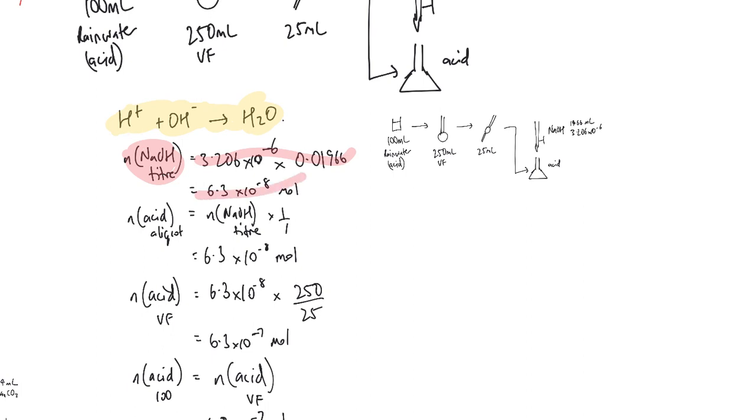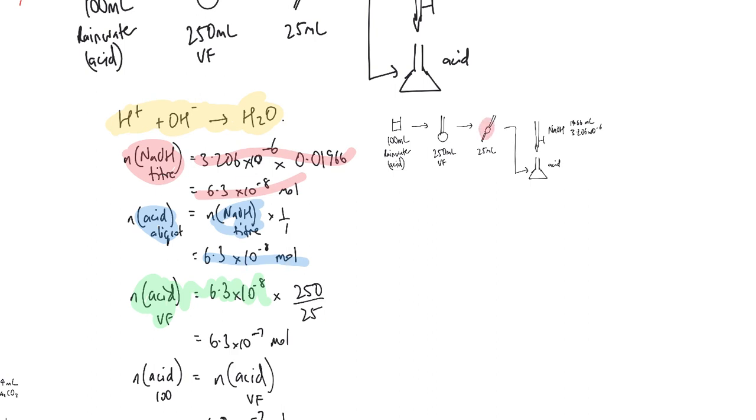Then you need to work out the number of moles of acid, which is the rainwater acid, equal to the NaOH titer times 1. Then I can get the number of moles of acid in the volumetric flask from the pipette.